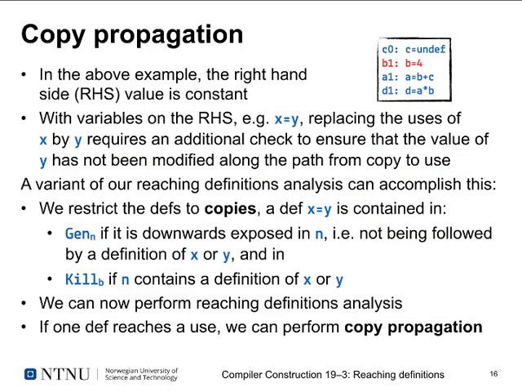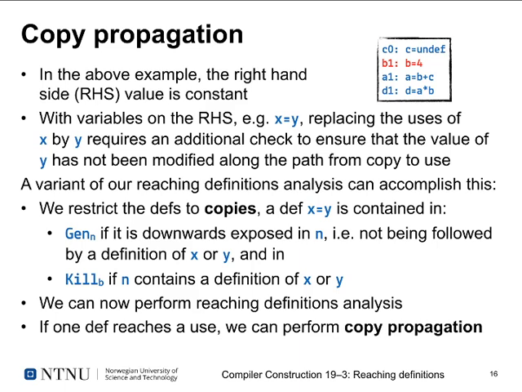In this previous example, the right hand side was constant. With variables on the right hand side, like we've seen, x equals y, replacing a use of x by y requires an additional check to ensure that the value of y has not been modified along the path from copy to use. And we can define a variant of our reaching definitions analysis to accomplish this.